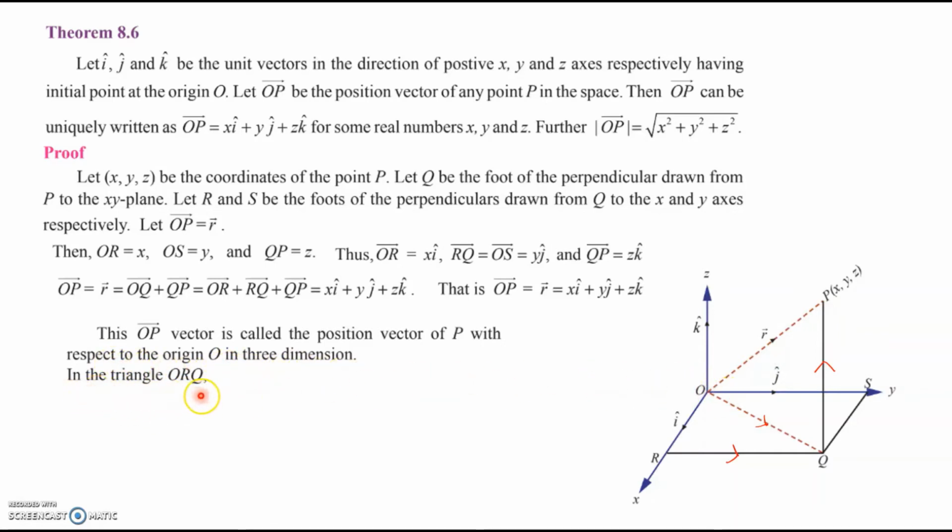In the triangle ORQ, so consider the triangle ORQ. This is our triangle that I'm asking you to visualize. What do you think this triangle is? I'm sure that you're able to see that it's a right angle triangle. Yep, it's right angled here.